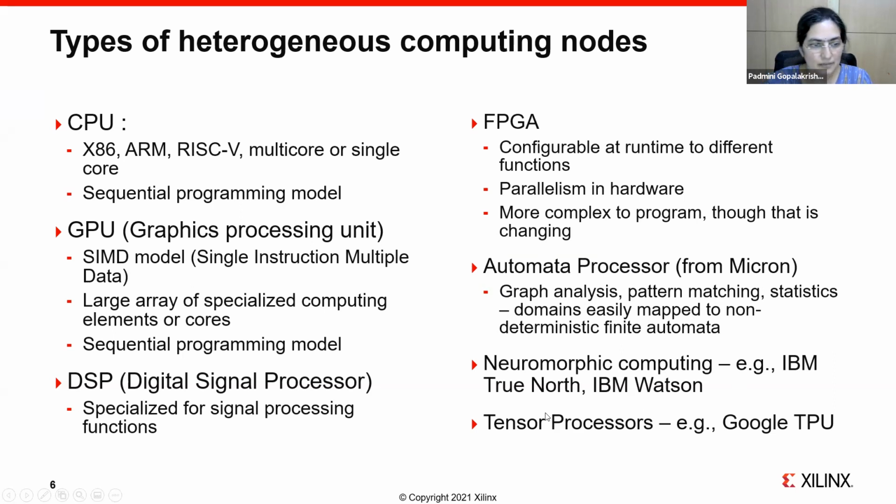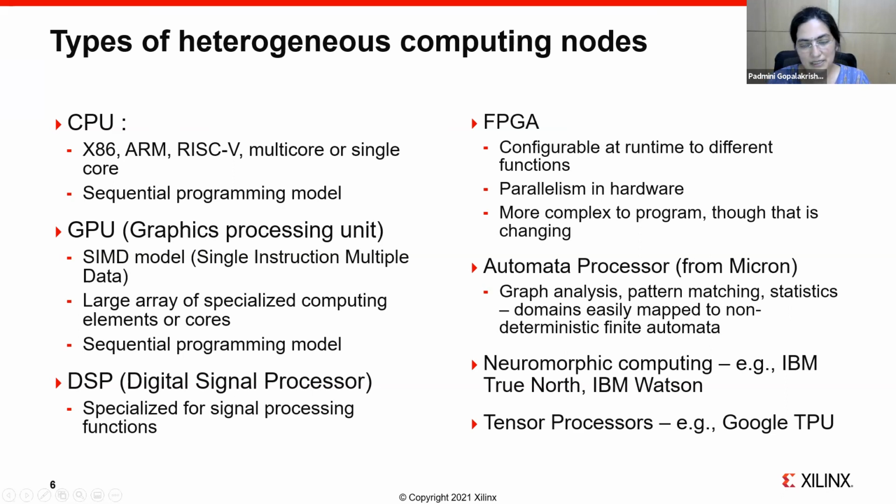Then we have specialized ASICs which do what's called neuromorphic computing. This is a kind of computing where we try to build hardware that mimics the way the human brain works. Many of these have come out of IBM. A well-known example is IBM Watson, and then there's IBM TrueNorth, which is a newer processor.